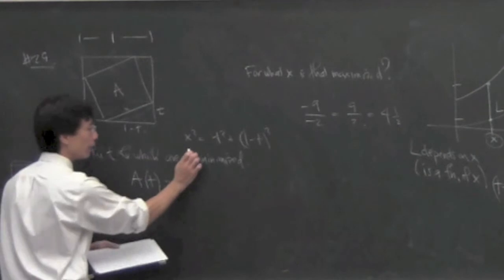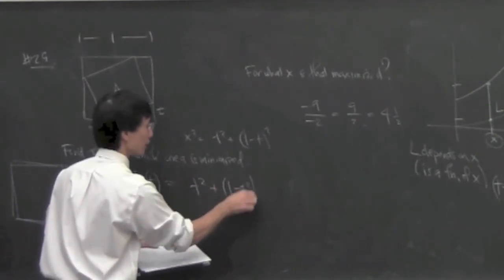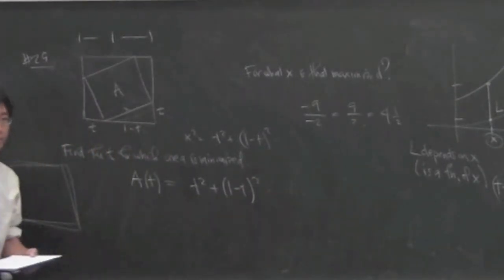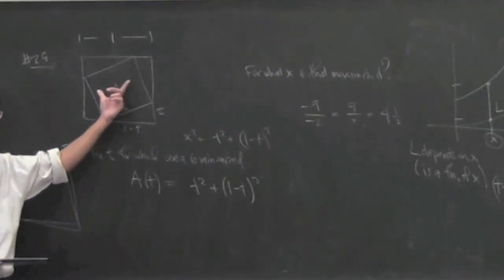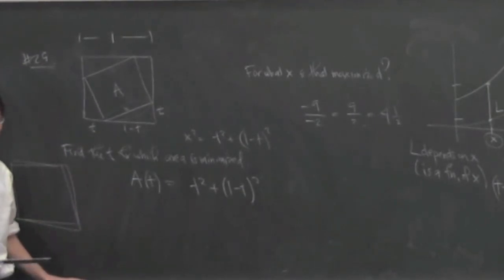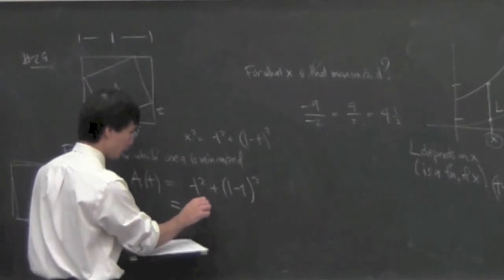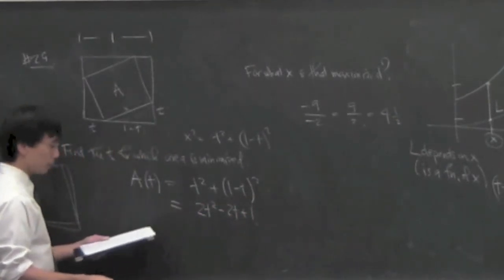And so the area is actually (t squared plus (1 minus t) squared) squared. Wait, do I have to take this square? We have to take the square root, but then to get the area, we square it again. Okay. So we come back to that. And you work this out, it becomes 2t squared minus 2t plus 1.